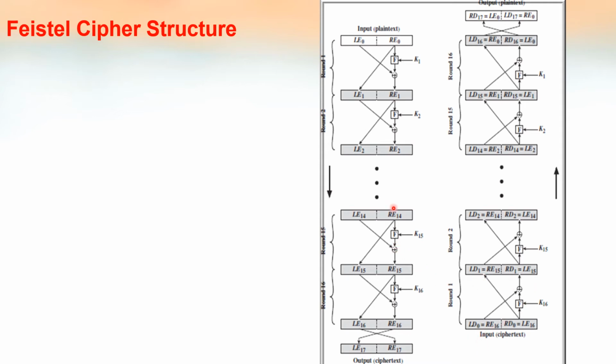The process is the same as encryption, and at the end of the 16th round we get the ciphertext, which has to be swapped again to get the plain text.